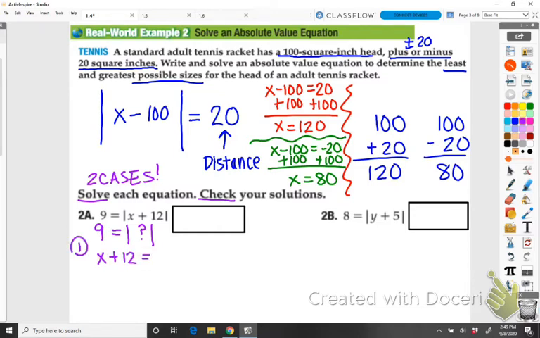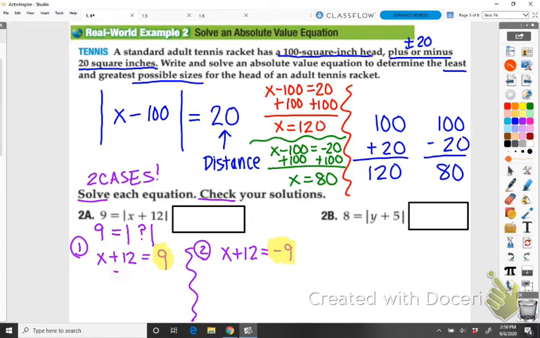Case 1 would be setting it equal to a positive 9. And case 2, I'm trying to think about what x value makes that into a negative 9. The only part that changes on case 2 is what it's equal to. On the left, it's still x plus 12. On the right, we're seeing what gives us a 9, what gives us a negative 9.